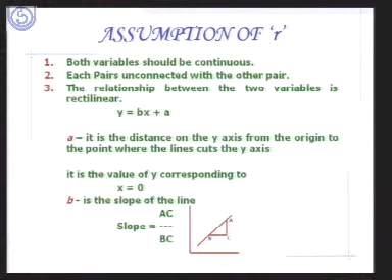coefficient of correlation. Let us think about the assumptions on the basis of which this particular coefficient of correlation can be calculated. The very first assumption is that both variables should be continuous. Friends, as you know, variables may be of two types, categorical or continuous.